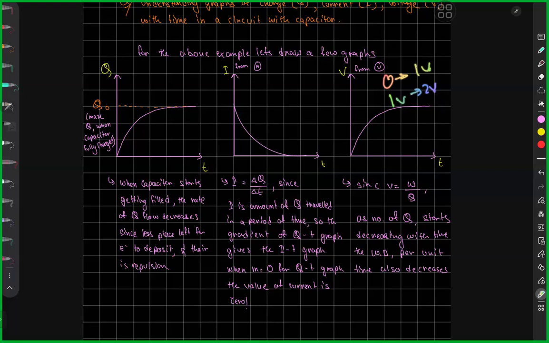Because the number of electrons coming in per unit time has decreased. That is why you have the similar shape again. So the voltage curve with respect to time is analogous to your typical QT curve. All of these three things you can take a screenshot of and think about.